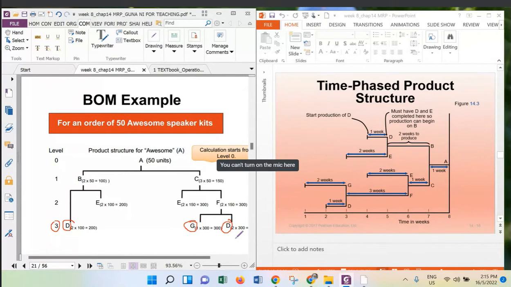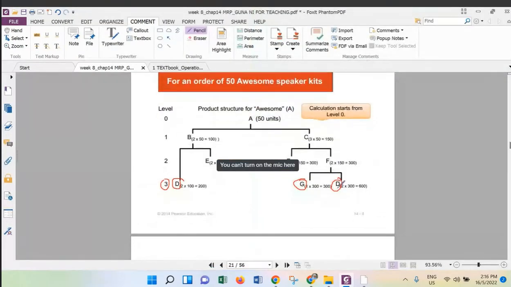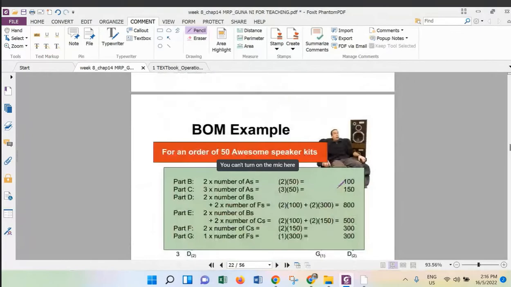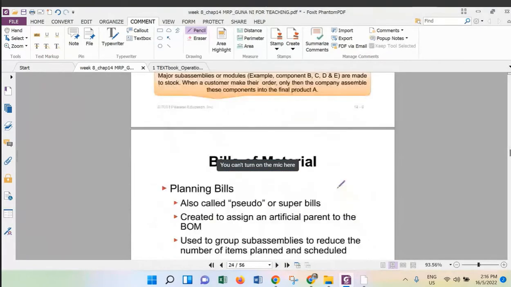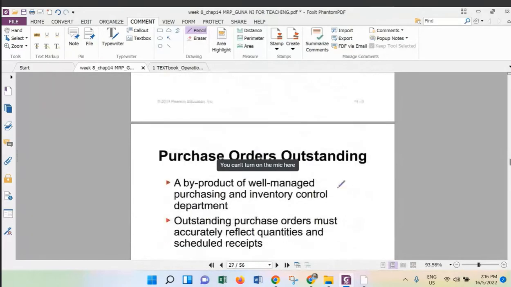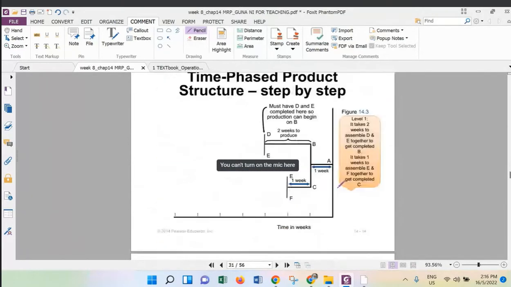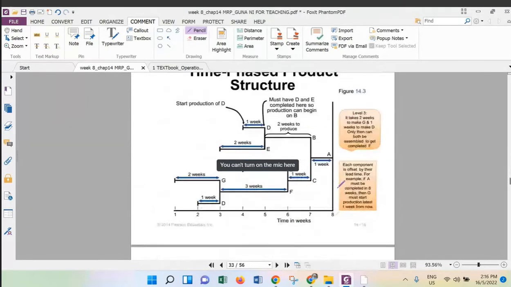Boleh? Okey, jadi seterusnya apa yang kita nak buat ialah kita dah pergi kepada time phase product structure. Seterusnya kita nak buat MRP.